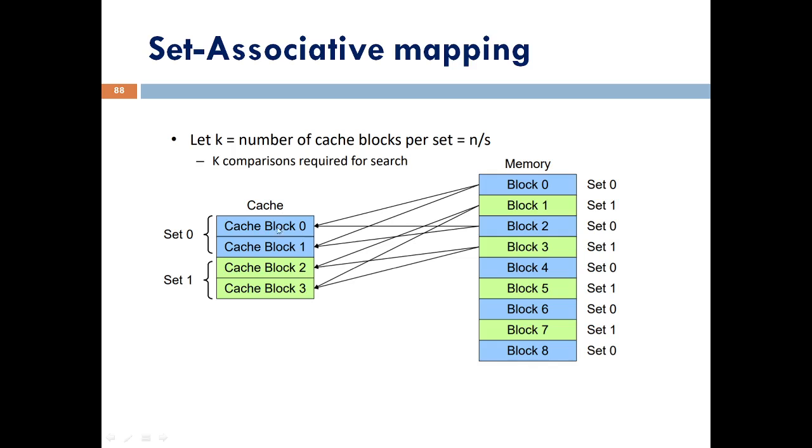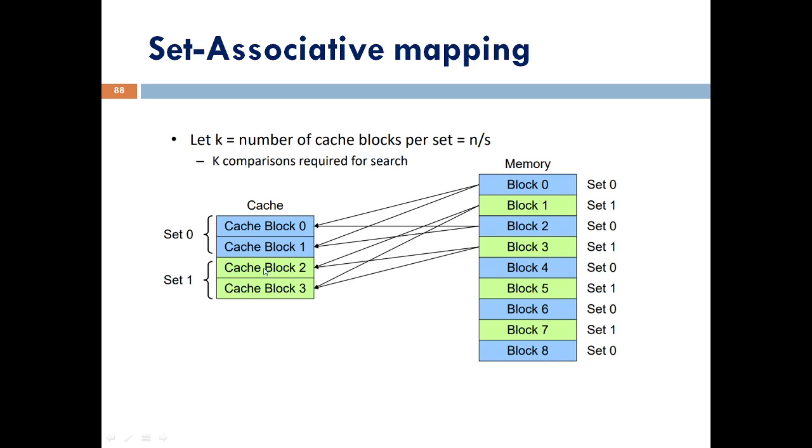So how to find out the number of cache blocks per set? For that we use n by s. The n is nothing but the total number of cache blocks in the cache memory divided by the number of sets we want. So that is k comparisons required for search.